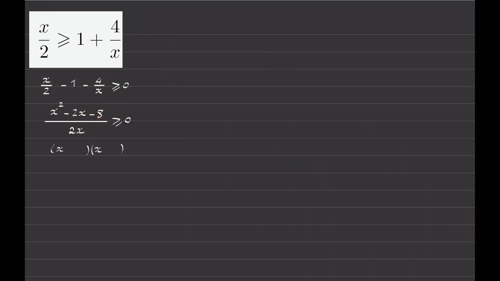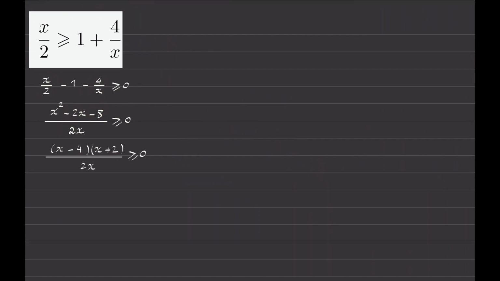One of them is minus 4, the other one is plus 2. Double check always. If I add minus 4 to plus 2, I get minus 2, so that's correct. If I multiply minus 4 by plus 2, it becomes minus 8. That's also correct. And now divided by 2x, greater than or equal to 0.